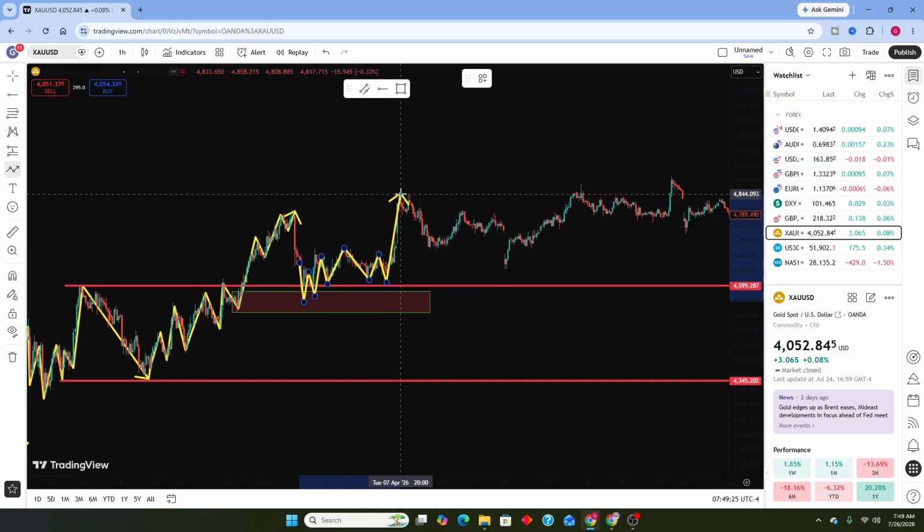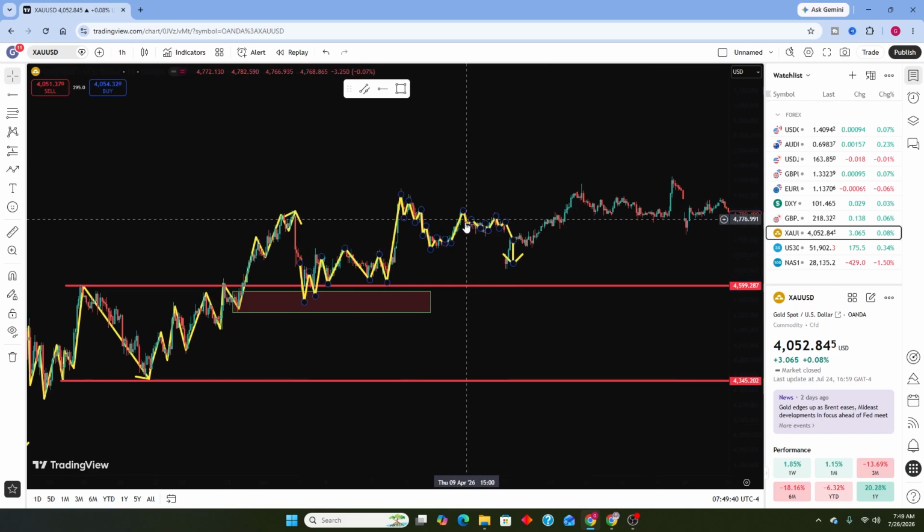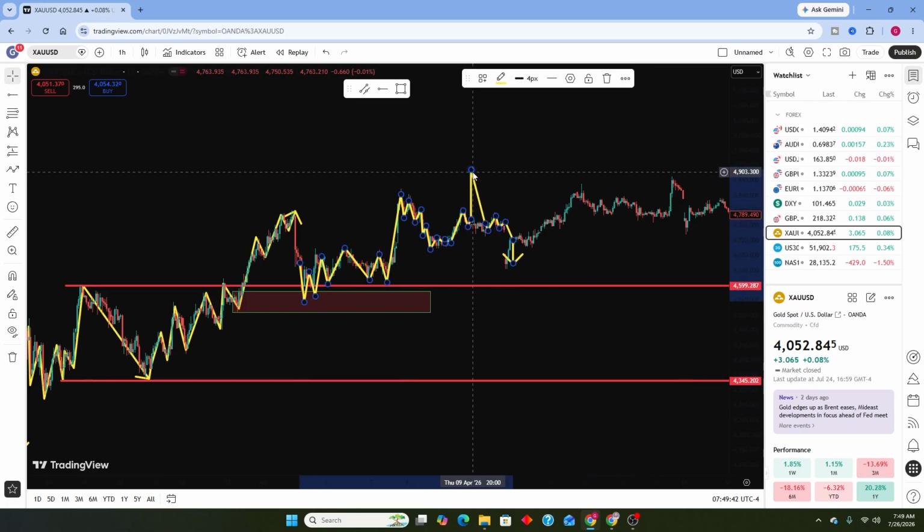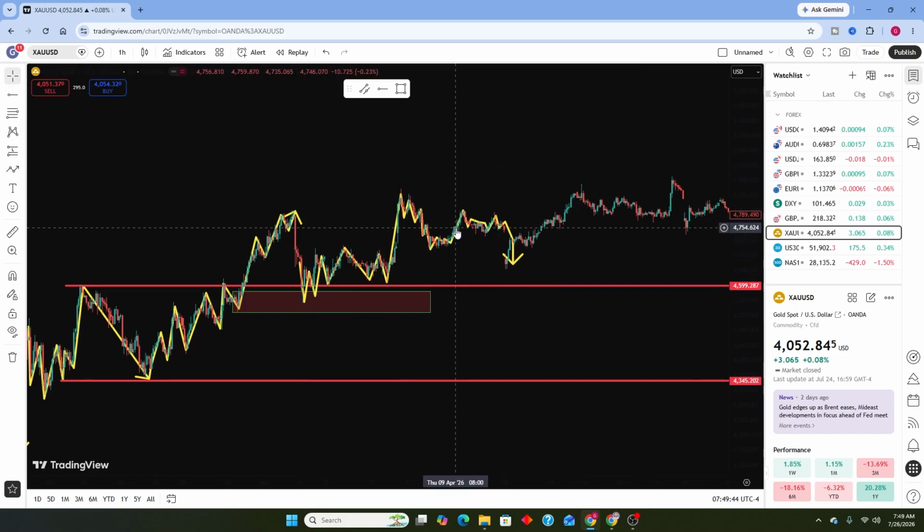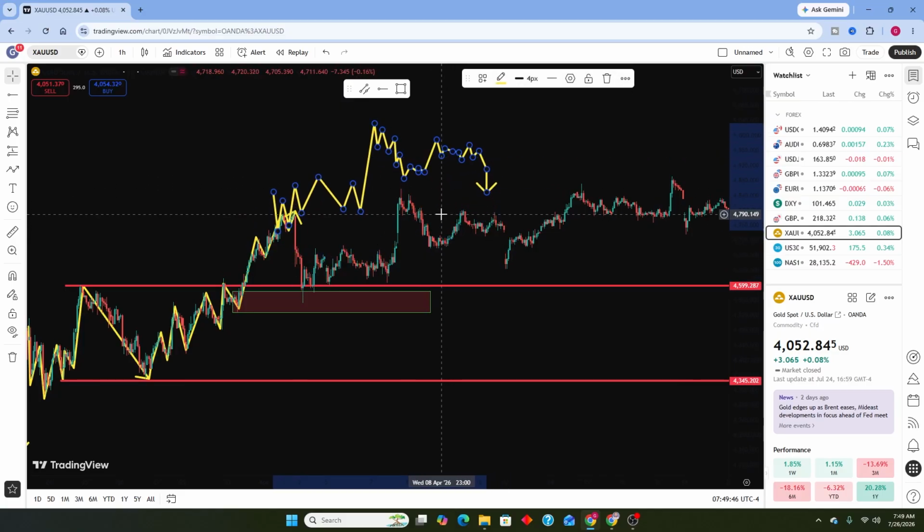Once you can start to see the different structures of the market, you begin to see what price is doing. Understandable? Okay.